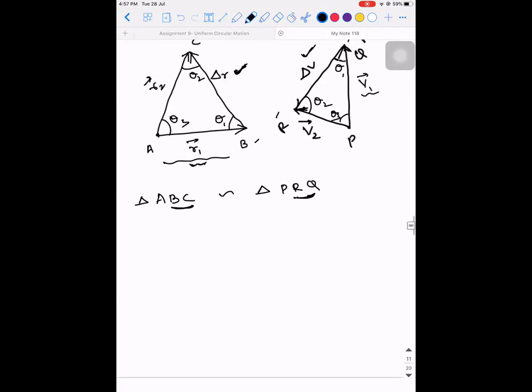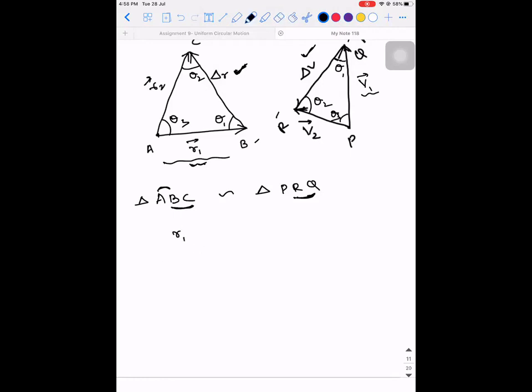Since these two triangles are similar, what can we conclude? Can I say delta R divided by R1 is equal to delta V divided by V1? I can either say this or take it as V2 also, not an issue. If I take the triangle as PRQ, what is AB?